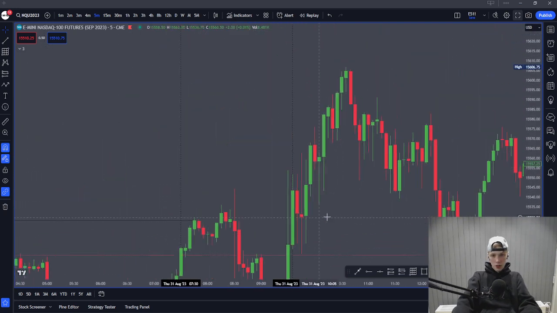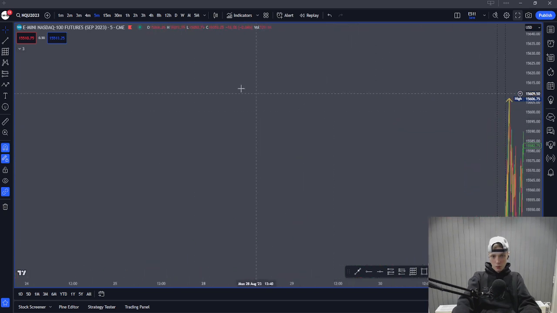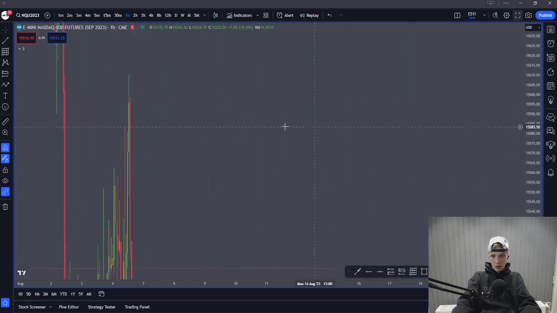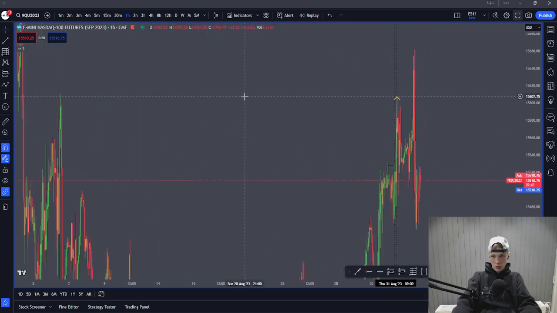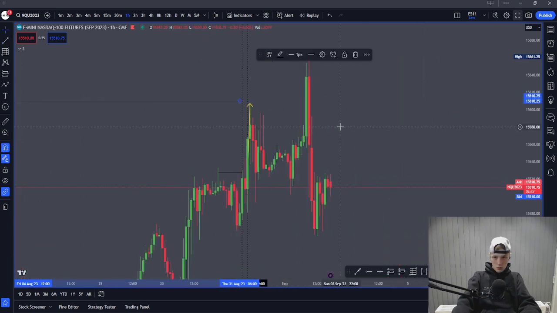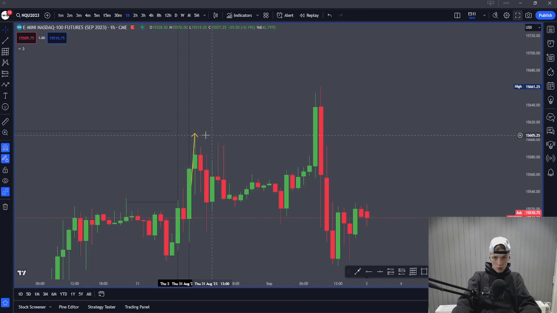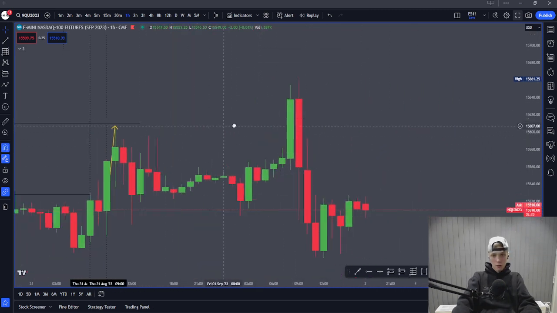The 9:30 Judas was bullish. This Judas swing went for an hour straight. But what did it take out? Let's figure that out real quick. So it seems like it took out this high over here. Did it take it out though? It didn't take out the high. It tried to go for it, but it failed.